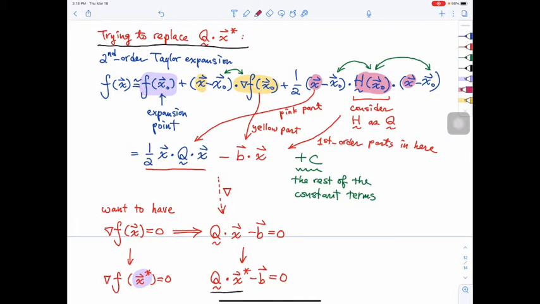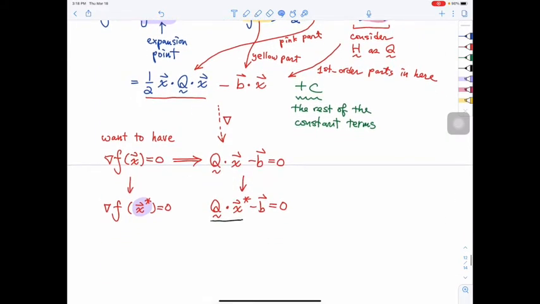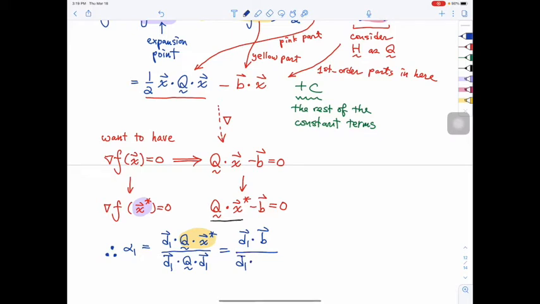Okay? So let's keep this one. Copy this and paste it here. So, sorry, only I can do copy and paste. You need to write it again. Okay. So this becomes what? This becomes d1 dot b and d1 dot q dot d1.